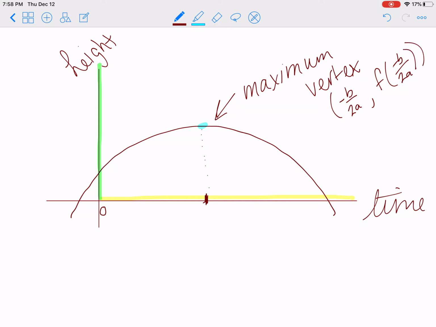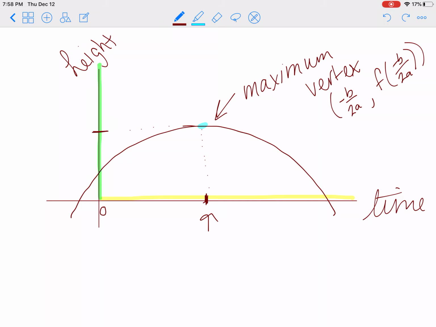Usually this first number tells us how long it took for the object to reach the maximum height, and the second number tells us how high that item actually was. So the ordered pair tells us how far to go to the right and then how far to go vertically.